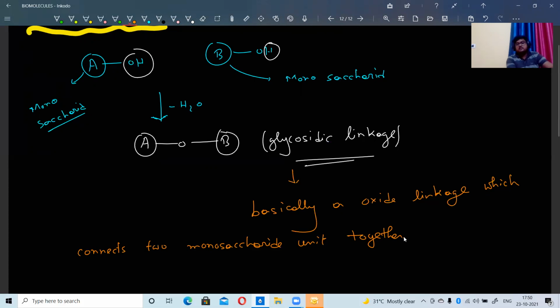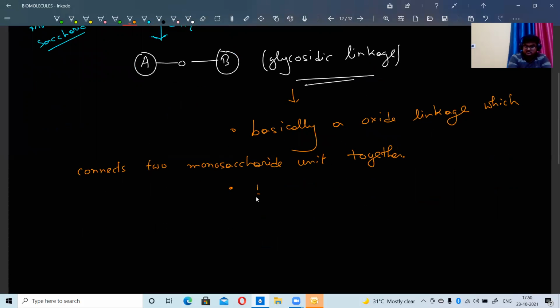Is it clear? Any doubt regarding this part? Remember, this is the first point. The second point is that this is also an ether linkage.